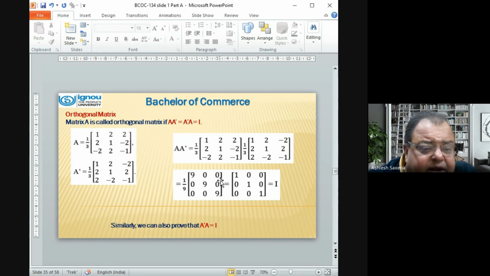When you do it like this, you will get this. Take 9 common, 9 by 9 is 1, and the remaining diagonal entries will become 1 and all the elements apart from the diagonal elements are 0. That means we can say that it is an identity matrix. Orthogonal matrices are those matrices in which A into A transpose is equal to an identity matrix.